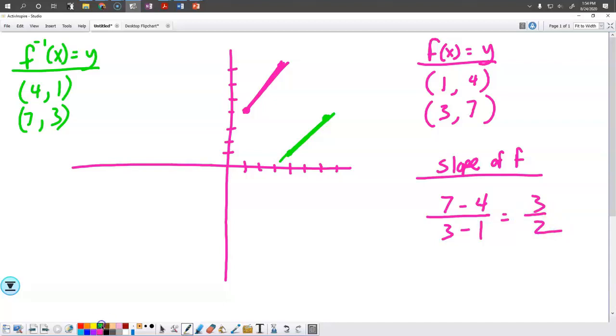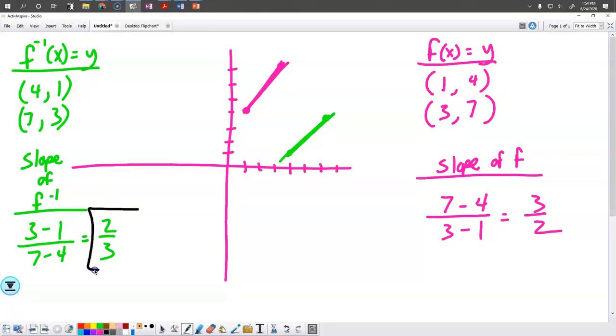Now let's take a look at the slope of the inverse function over here. y2 minus y1 over x2 minus x1. Let's compare their slopes. This slope and this slope, how would you describe the relationship of those two functions there?